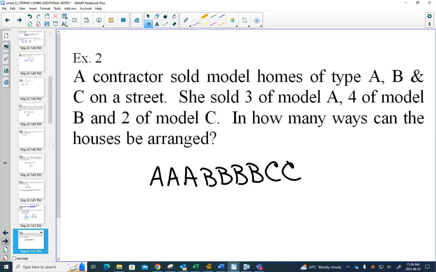And then we just need to count, well, how many letters are there? There's 9 letters in total. We have 3 A's, 4 B's, 2 C's. And we can just multiply and divide out those identical objects.